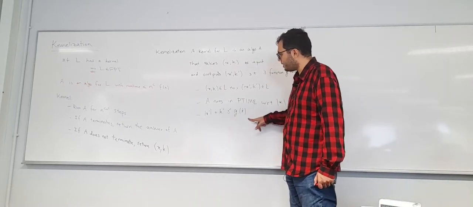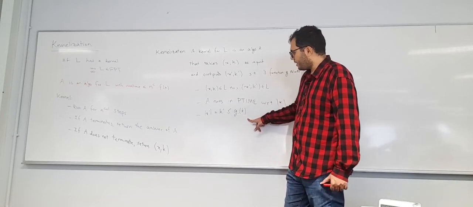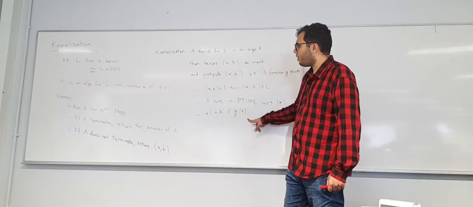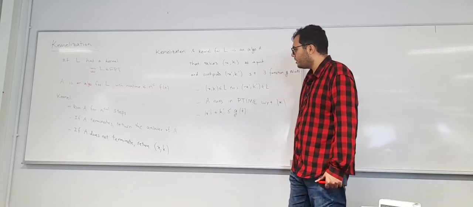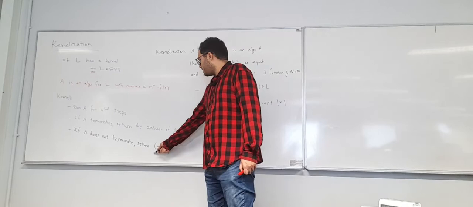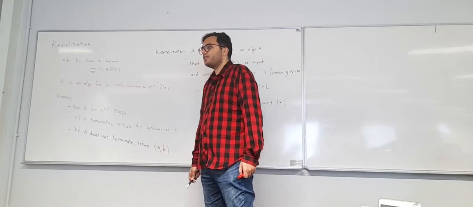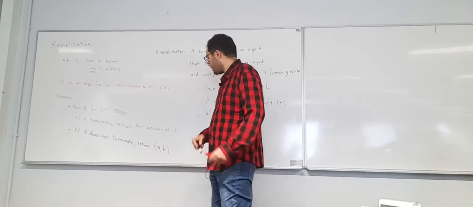And to show that the size of the problem always remains bounded by some function of the parameter, we have to only consider the case that the algorithm did not terminate. But what happens in this case?